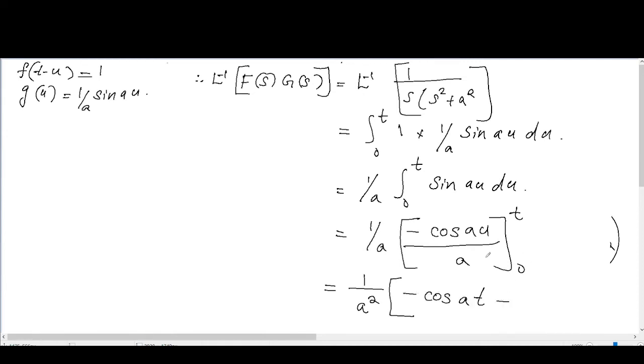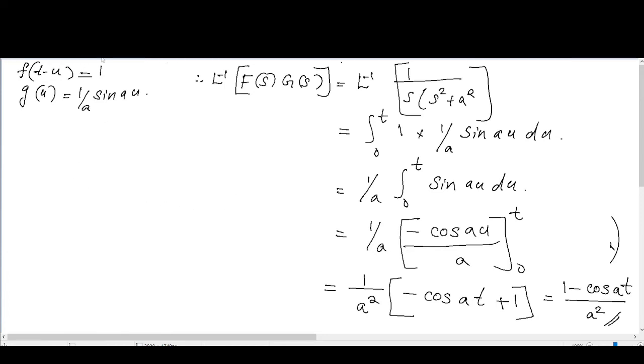When you put the lower limit, this is minus cos 0. That means cos 0 is 1, so here you have a plus 1. So the answer is 1 minus cos a t divided by a square. That is the inverse Laplace transform of the given function using the application of the convolution theorem.